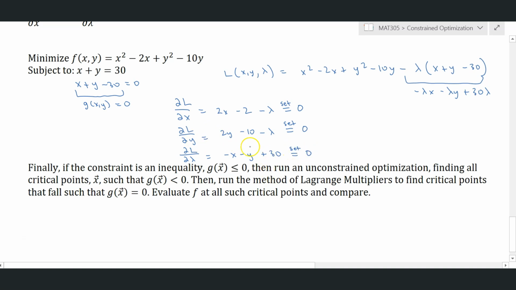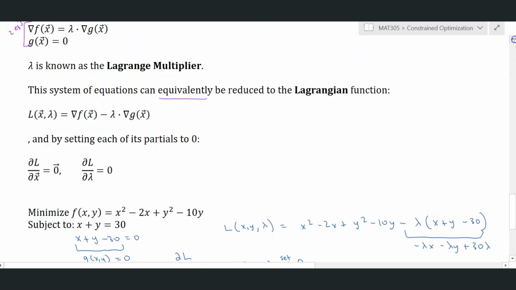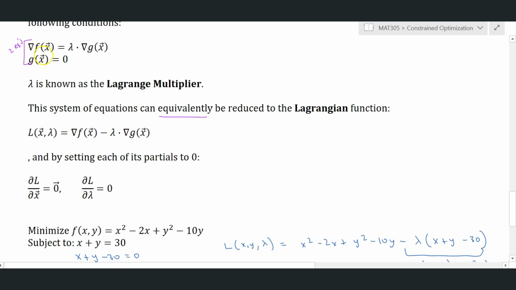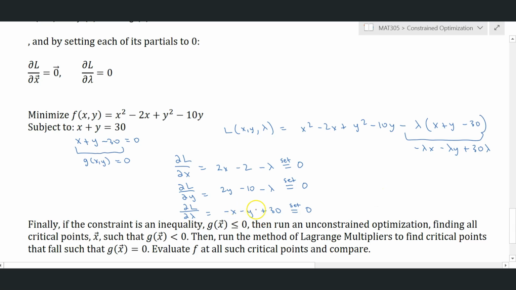Now, earlier I mentioned that the Lagrangian is equivalent to solving this system of two equations. Well, the first equation we built into the Lagrangian, so that's already there. But the second equation, g of x equals 0: if you multiply both sides by -1, you get exactly x plus y minus 30 equals 0.